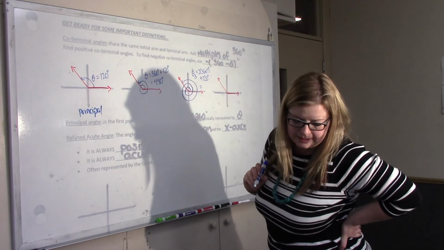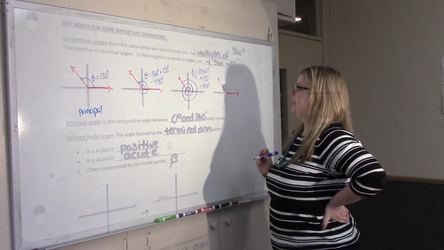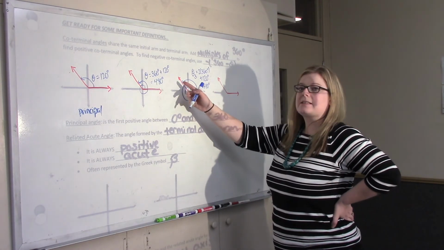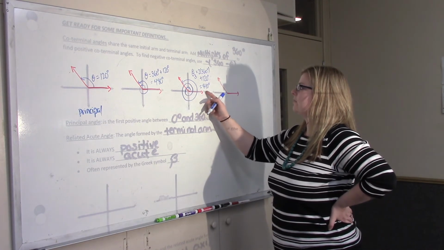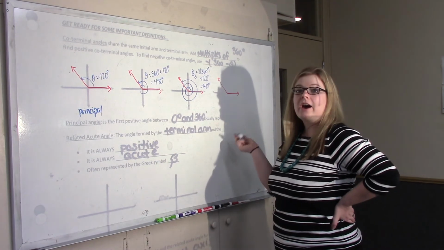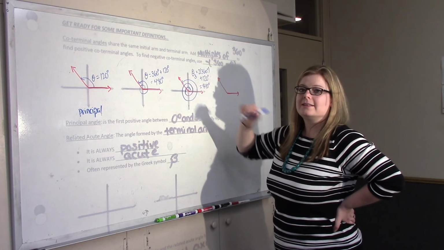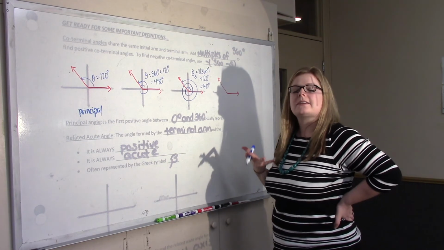So that gives me 840 degrees. Okay, so I end up in this quadrant because 840 is twice around 360, and then I have 120 degrees left. So that's between 90 and 180, so it ends in quadrant 2. It terminates in quadrant 2.